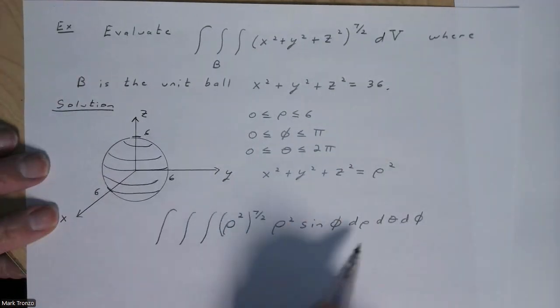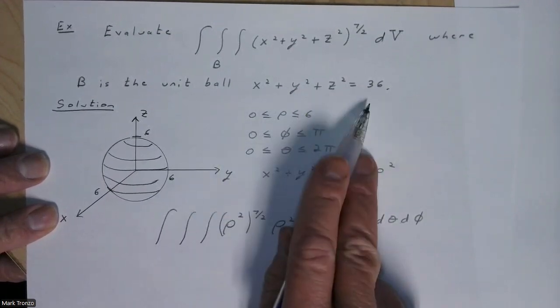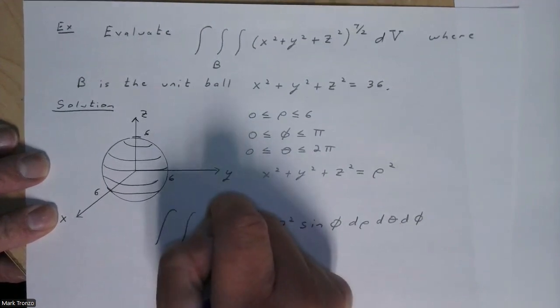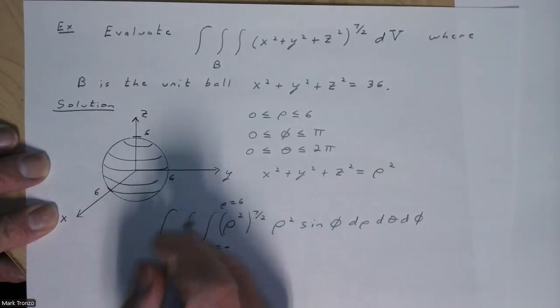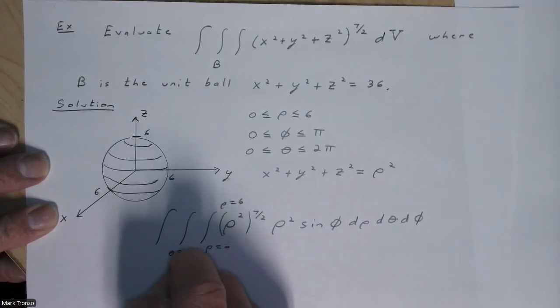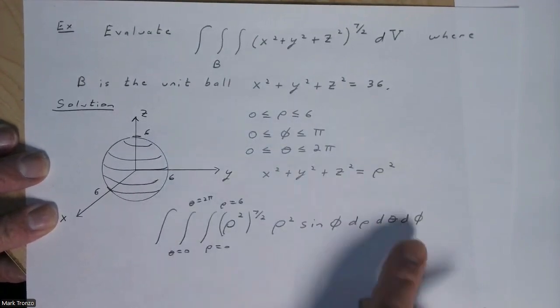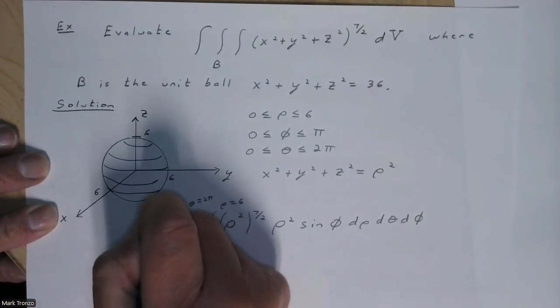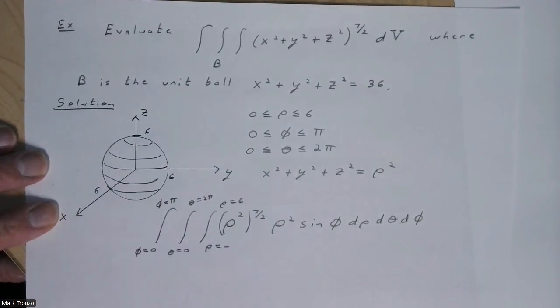And again, if we're starting with rho, because our radius is 6, rho is going to go from 0 to 6. Theta is going to go from 0 to 2 pi. And phi is going to go from 0 to pi, like this.